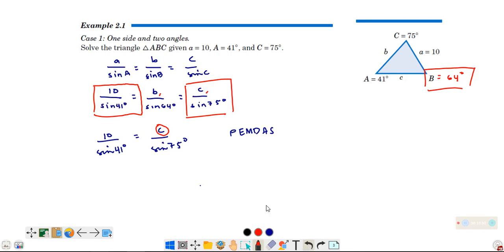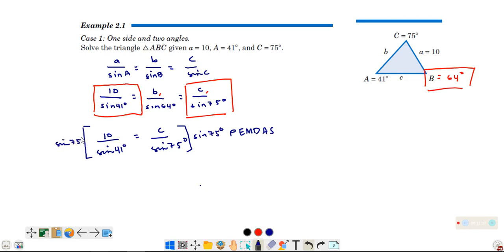So, ito lang yung unknown si C. Dapat naiwan na lang siya sa isang side, which is the right side. So, tatanggalin natin si sin 75. How are we going to do that? So, we are going to get rid of sin 75 by multiplication property of equality. So, we have to multiply both sides by sin 75 degrees.